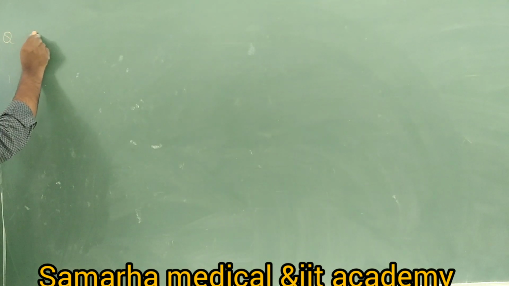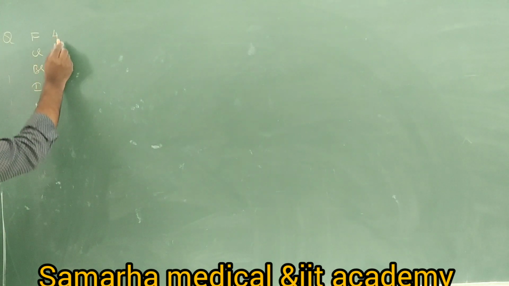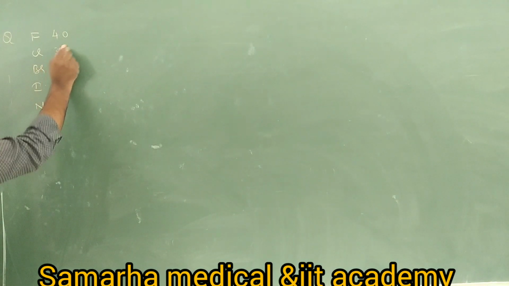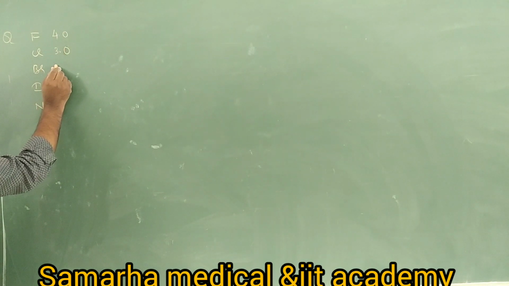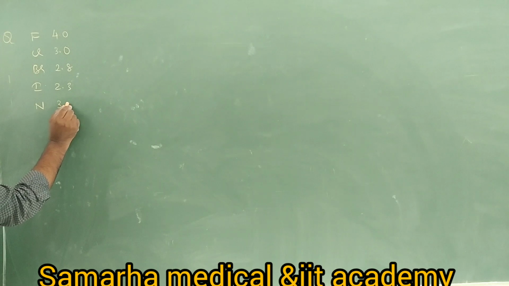So write down the question. The electronegativities of fluorine, chlorine, bromine, iodine and nitrogen are 4.0, 3.0, 2.8, 2.3 and 3.0 respectively.